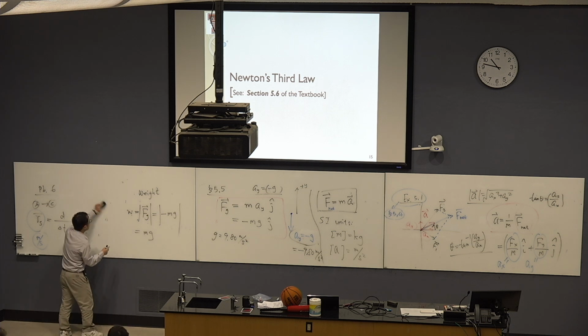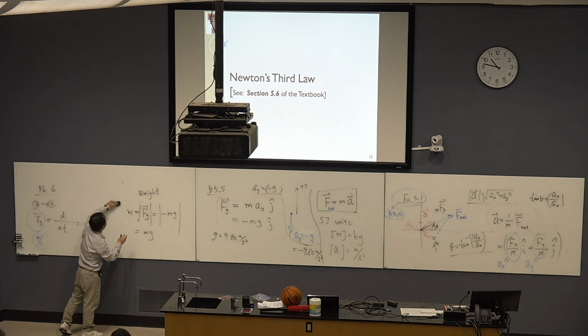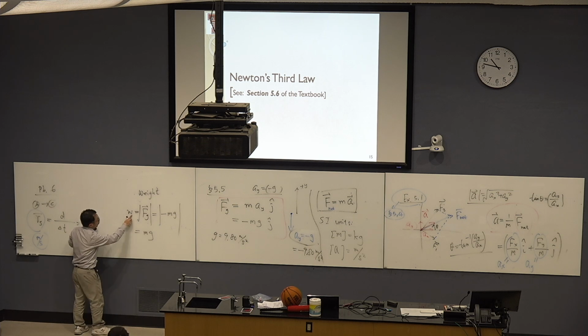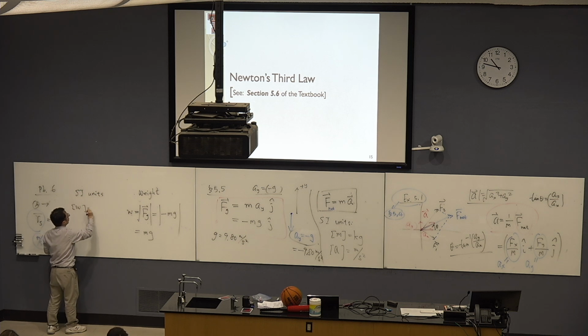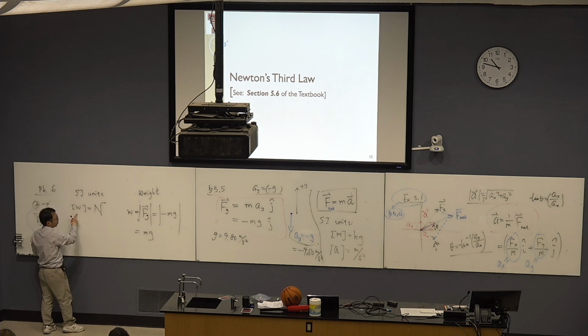Right? So when you ask about weight of the object, that weight should be quantified by newtons as well. So SI unit for weight is also newtons, right? Because SI unit for the force of gravity is in newtons, but SI unit for mass is in kilograms.